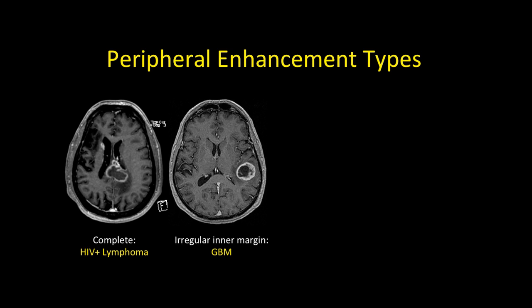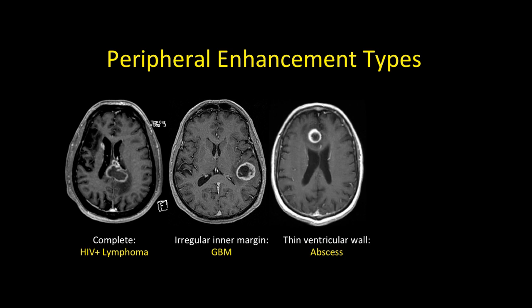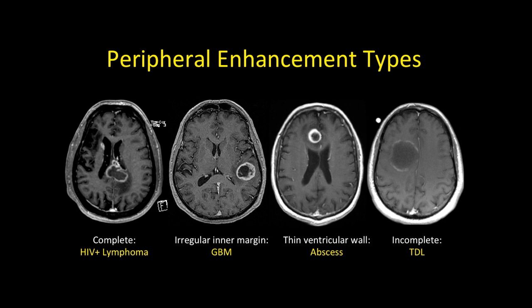That's more indicative of a glioblastoma. Here's peripheral complete enhancement that's smooth, but we notice that the medial wall, or the wall opposing the ventricles, is thinner. That's indicative of an abscess. And then finally, our demyelinating lesion, where we have incomplete peripheral enhancement, that's indicative of this tumefactive large demyelinating lesion.